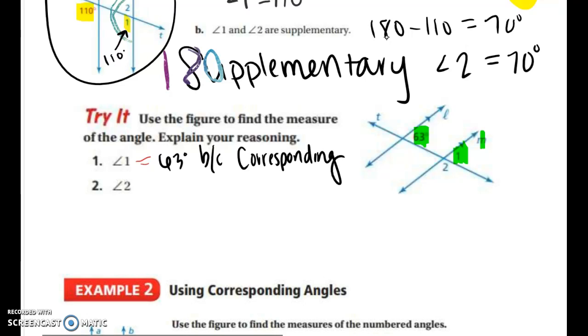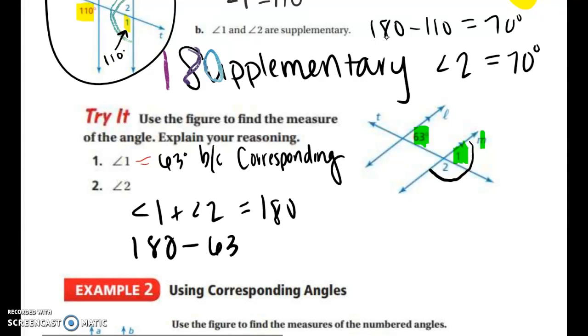For number 2, we can look at line M, which is a straight line. That means angle 1 plus angle 2 must equal 180 degrees. So we're going to do 180 minus 63, and that gives us the measurement for angle 2, which equals 117 degrees.